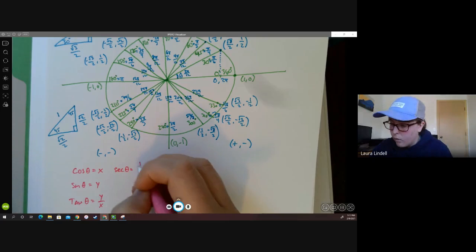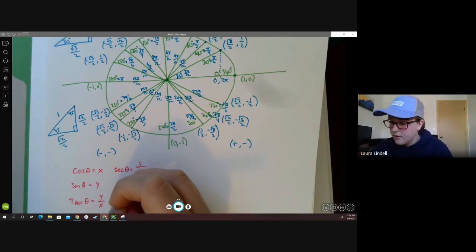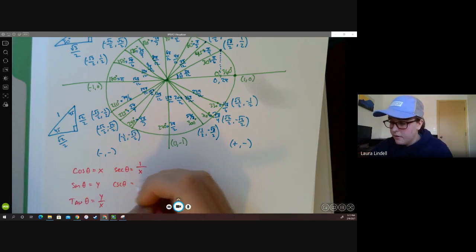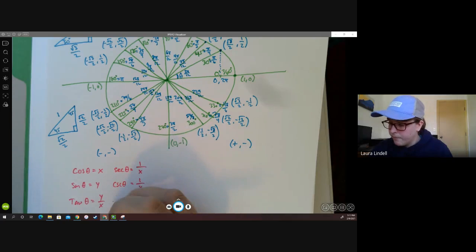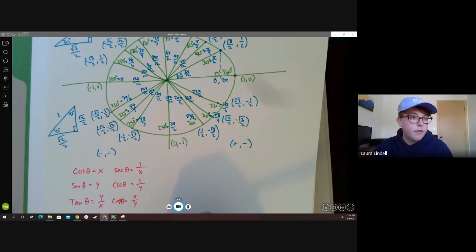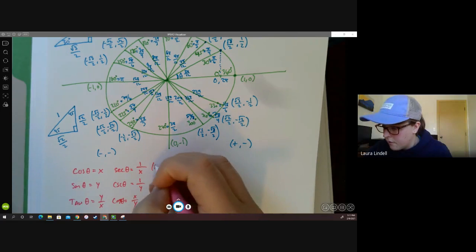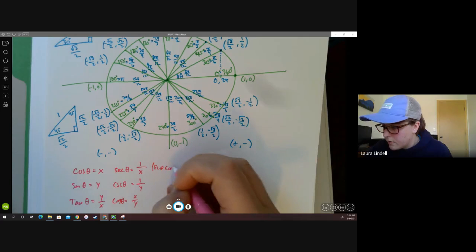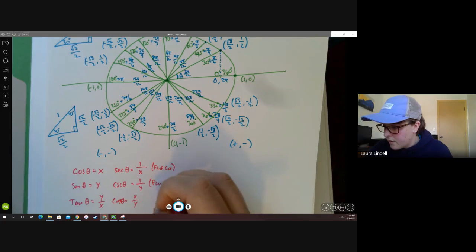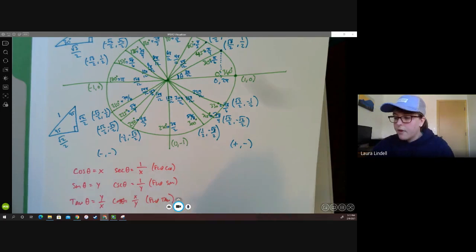So that would be 1 over x. Cosecant, 1 over y. Cotangent, x over y, because you just flip them. So flip cosine, flip sine, flip tangent to get secant, cosecant, and cotangent.